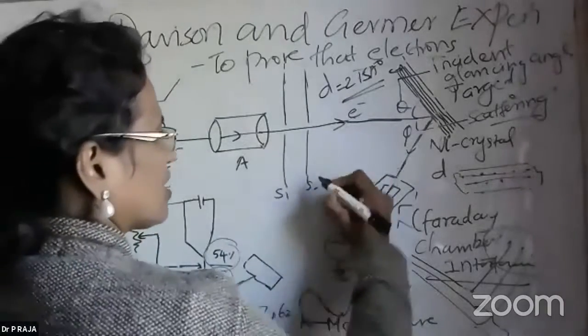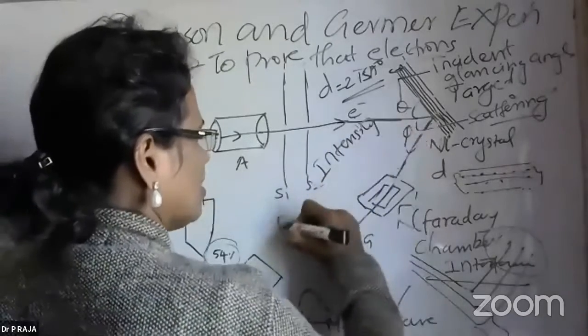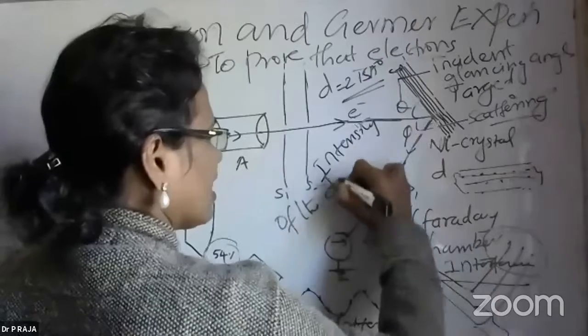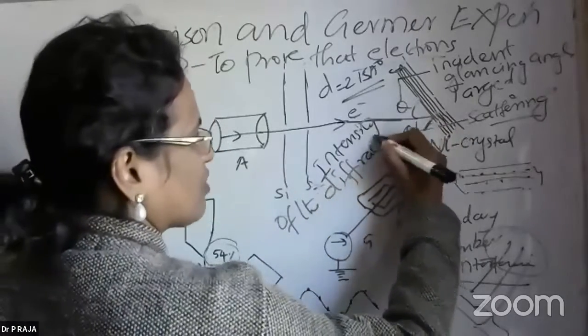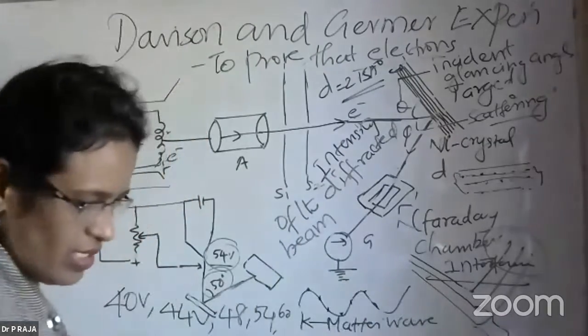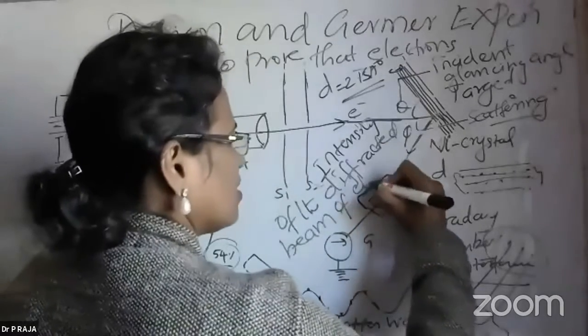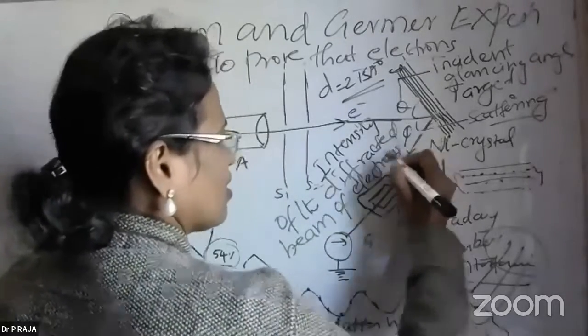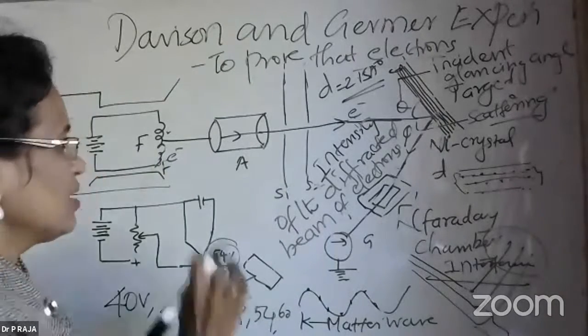So here I can say the intensity of the diffracted beam, after diffraction, the diffracted beam of electrons, was collected. I'll repeat one more time.